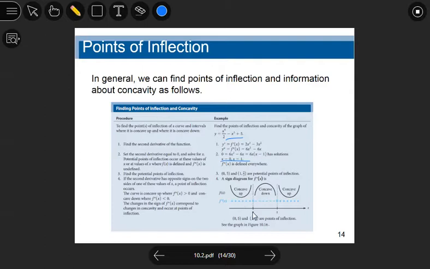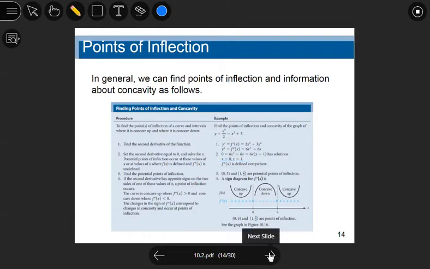Then choose some value between 0 and 1, take half, then plug into this second derivative, then you can see it is negative, so it is concave down. Then after 1, choose some point as 2, 3, 5 or some value which is greater than 1, then it is positive, so it is concave up. So 0 and 1 are our inflection points.